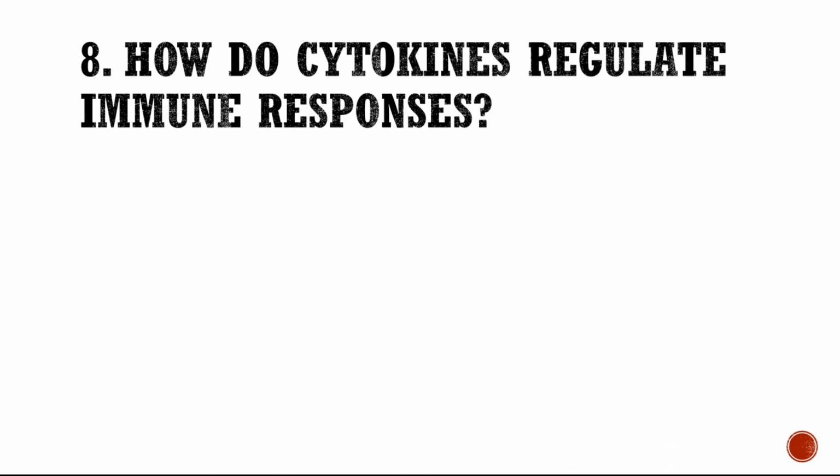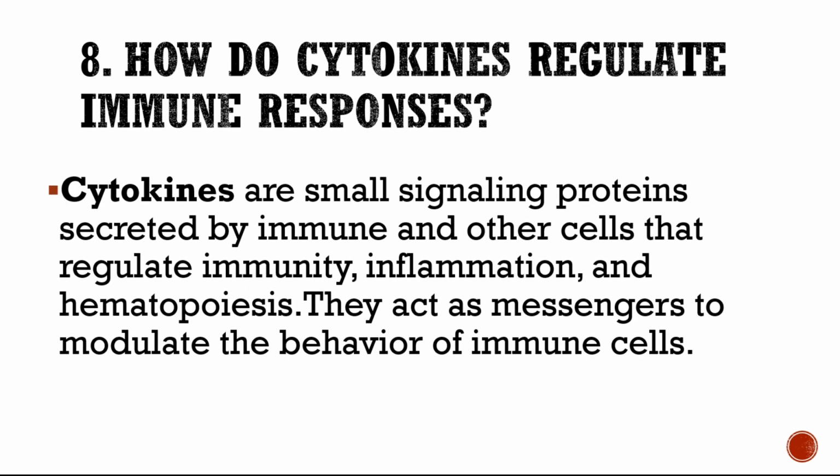How do cytokines regulate immune responses? Cytokines are small signaling proteins secreted by immune and other cells that regulate immunity, inflammation, and hematopoiesis. They act as messengers and modulate the behavior of immune cells.